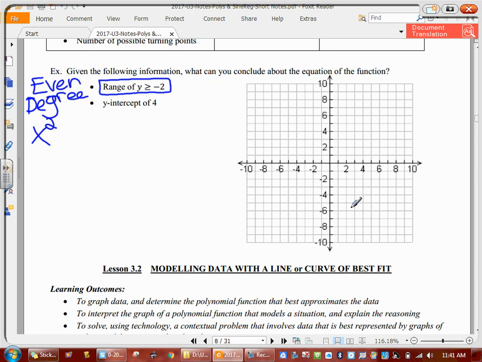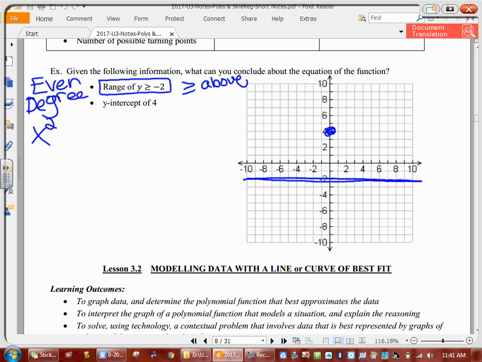But it tells me my range boundary. Am I allowed to go below negative 2? No. It tells me when it points to the right, that means above. So I need to be above negative 2. That's my boundary right there. So I could have any degree 2 quadratic, but it must go up.